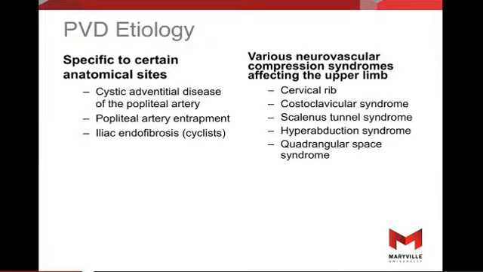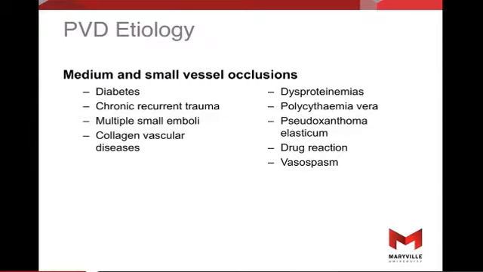And then also various neurovascular compression syndromes that affect the upper limbs increase those risks. Same goes for those with medium and small vessel occlusions. For medium and small vessels, there are certain disease processes and certain genetic factors that increase our risk.